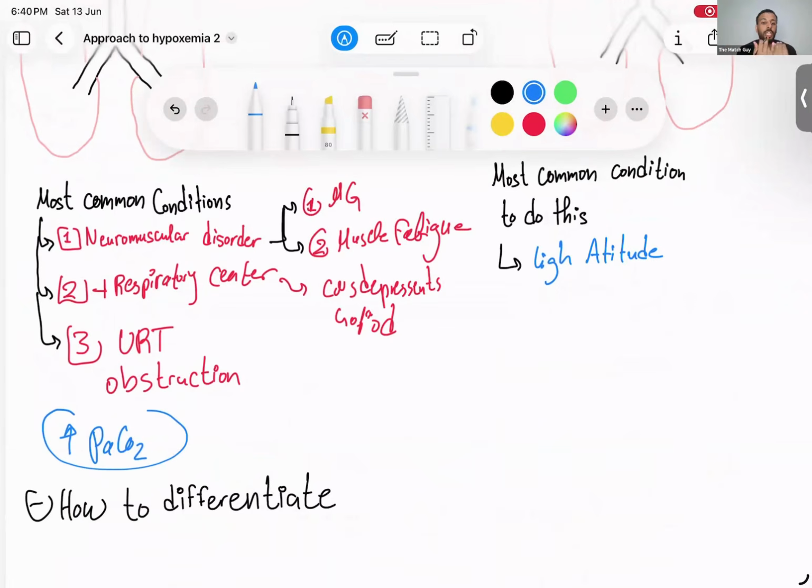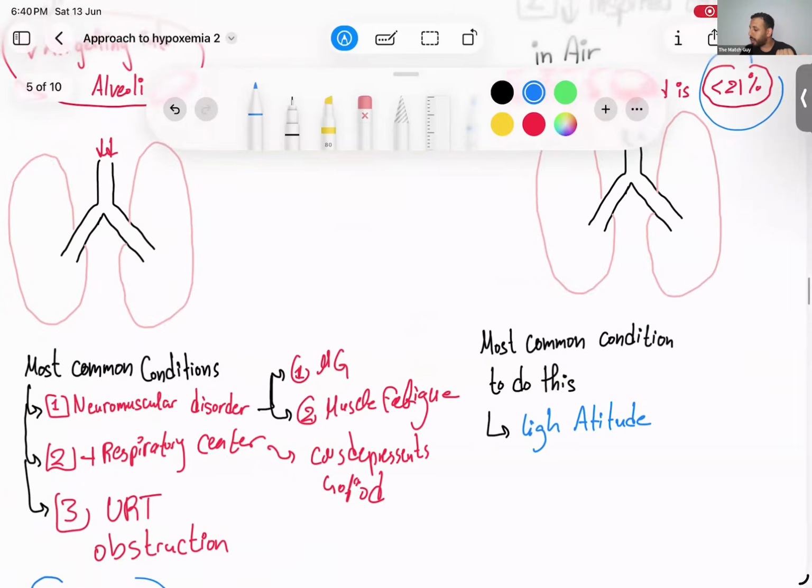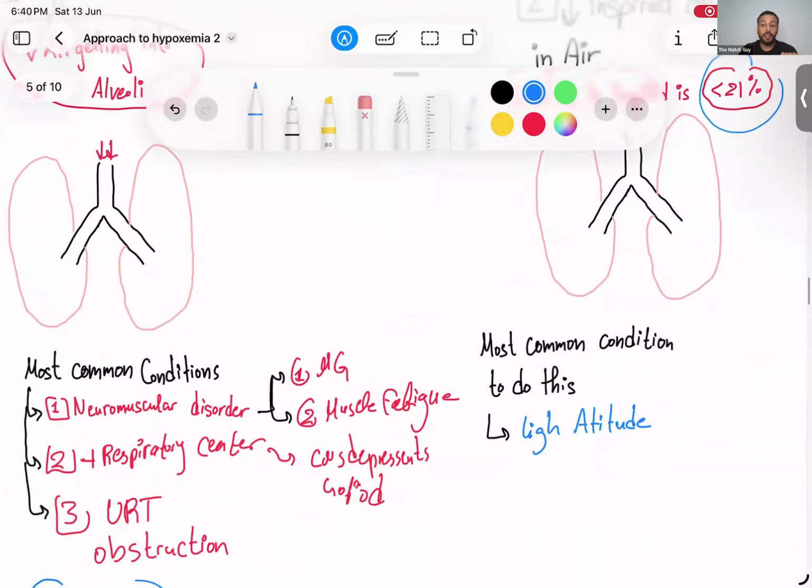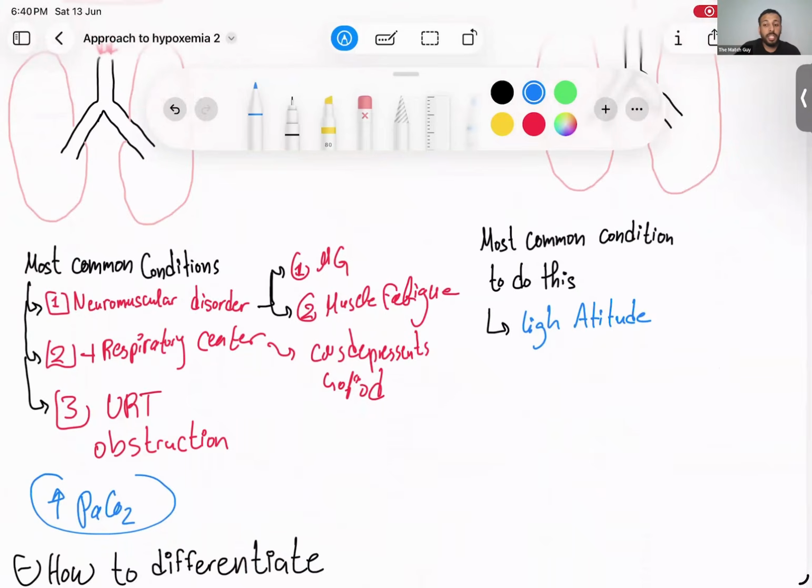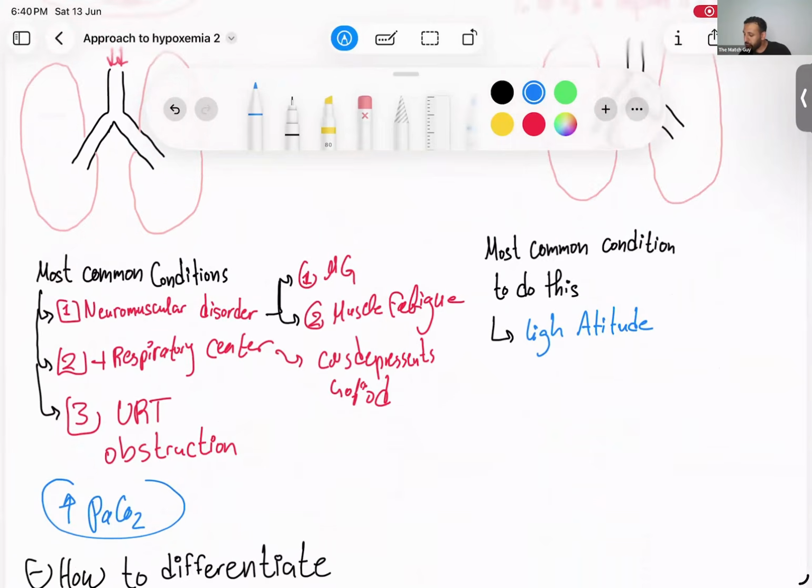So there is no washing out of the CO2, and the level of CO2 is going to be increased. However, those who have low inspired oxygen in the air are not having hypoventilation. They're not having a problem getting the air in or out. The problem is that the percentage of oxygen in the inspired air is decreased. So the PaO2 in those at high altitude is going to be normal.